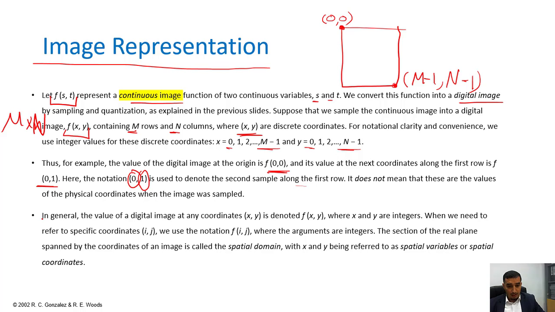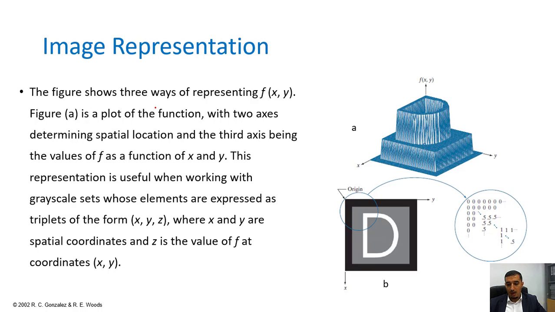Now, in general, the value of the image coordinates are denoted by f of x, y. If we need to specify a specific coordinate or pixel, we go for i and j. These are the notations that we are going to use throughout the semester, and we are going to use them all in MATLAB.